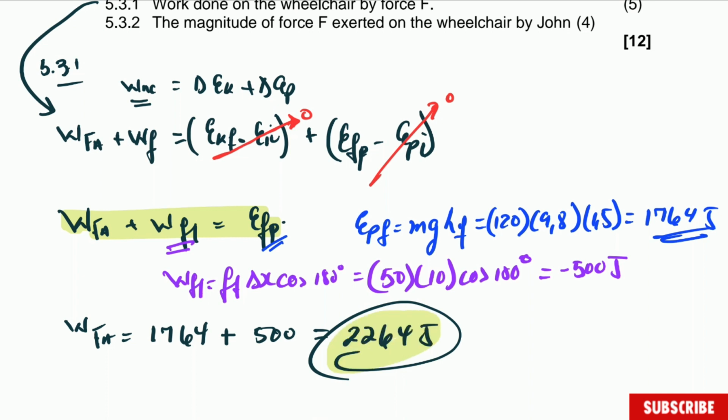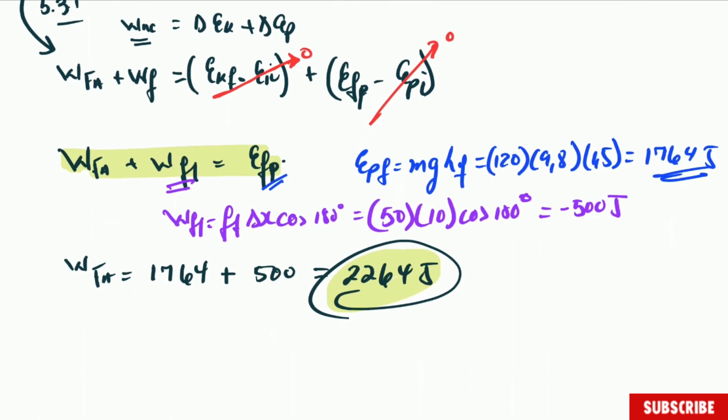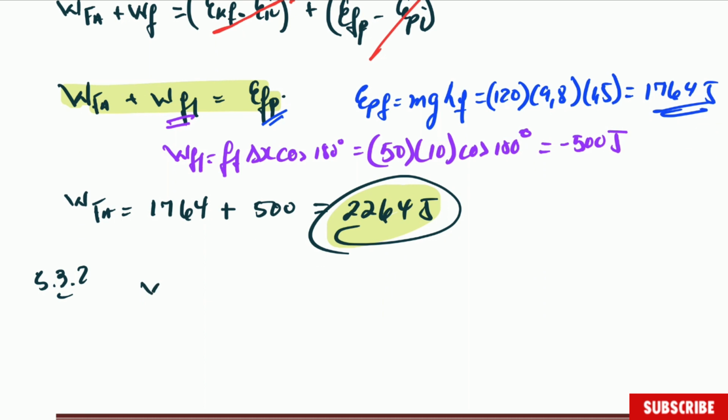Quite simple. And then the final question here is to calculate the magnitude of the applied force. All we have to do, this one is question 5.3.2, is to substitute in the formula of work done by the applied force, which is equal to the applied force times the displacement multiplied by the cosine of theta, but theta is 0 in this case.